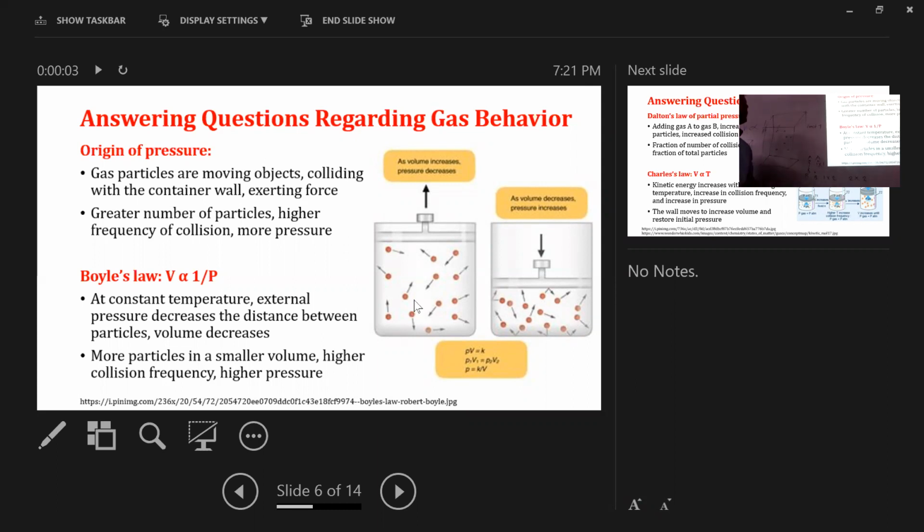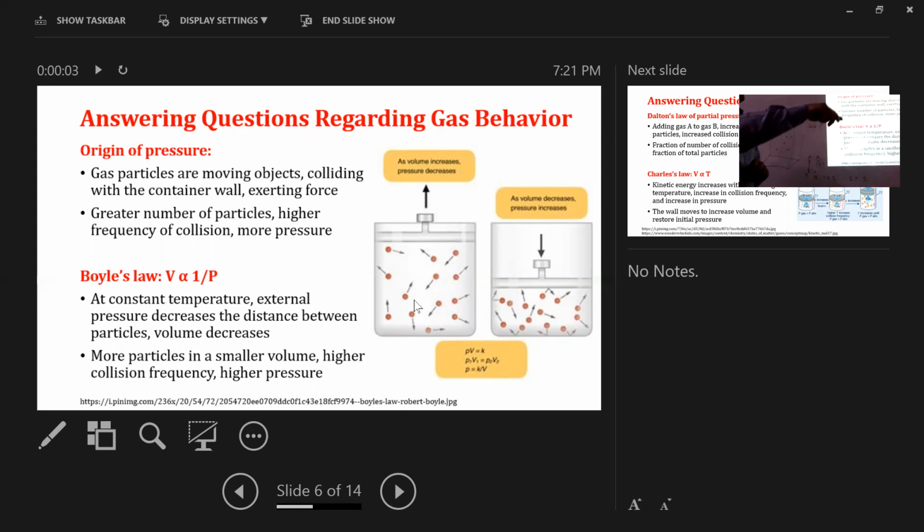You can see the distance between the molecules from here to here. Now here you can see the distance between these two molecules has reduced quite a lot compared to this one. That means the intermolecular distance has decreased due to the increase in external pressure.